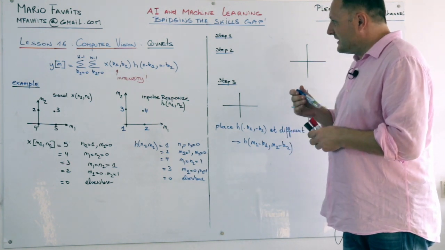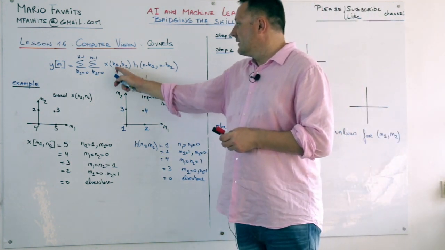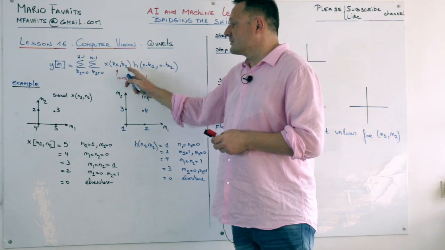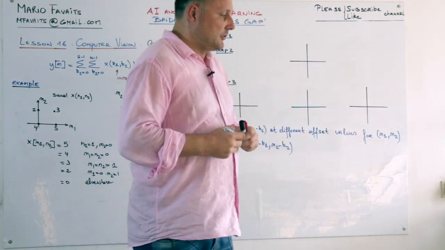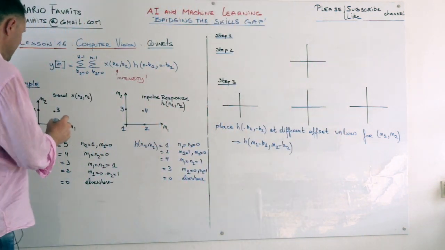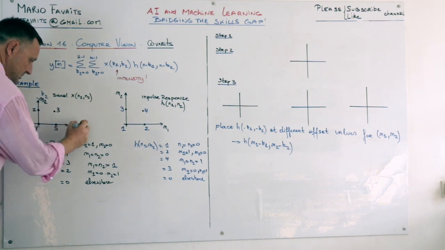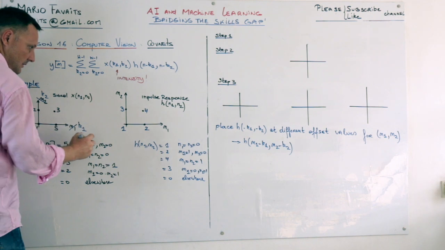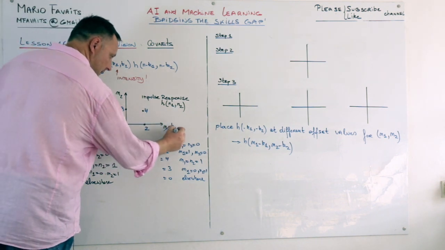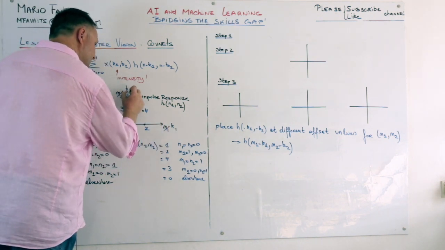The first step we need to do is get X in function of k1 and k2. This is actually very simple. We just change n2 to k2 and change n1 to k1. So this is k1, this is k2.